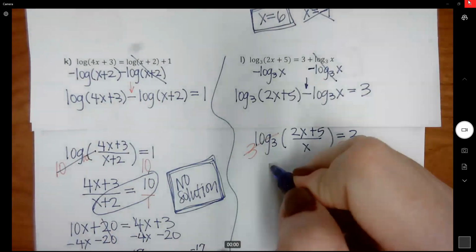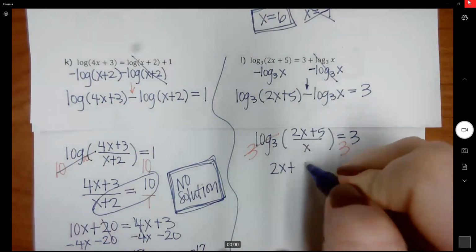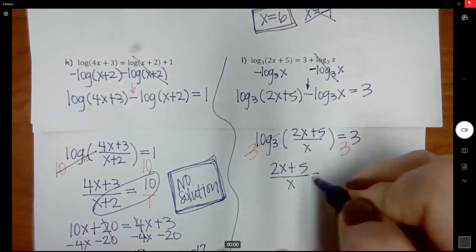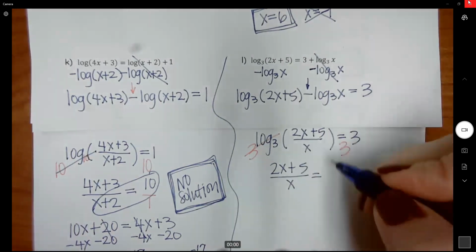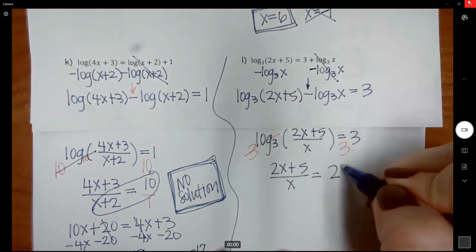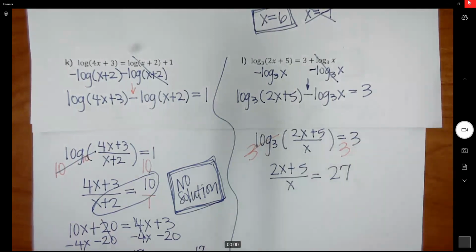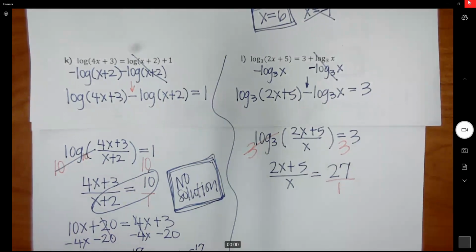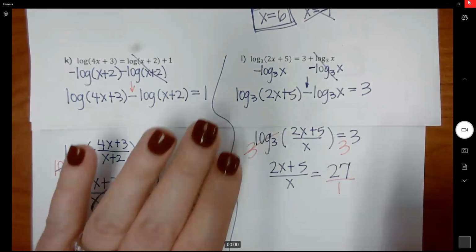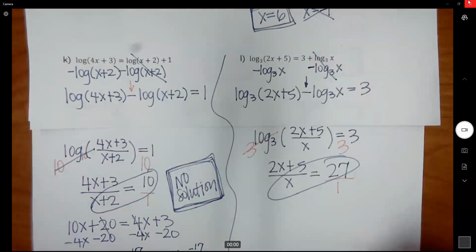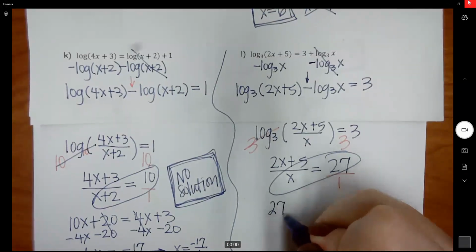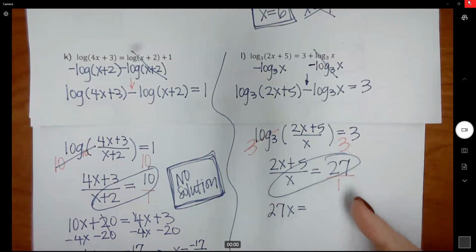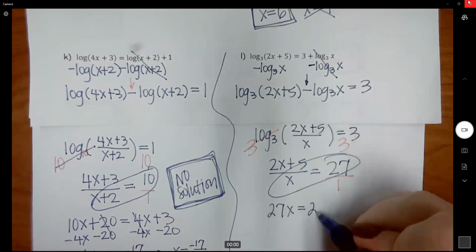And we are left with 2x plus 5 over x. And 3 cubed is 27. Treat this as a proportion. So we will make this 27 over 1. And now cross multiply. X times 27 is 27x equals 1 times 2x is 2x.